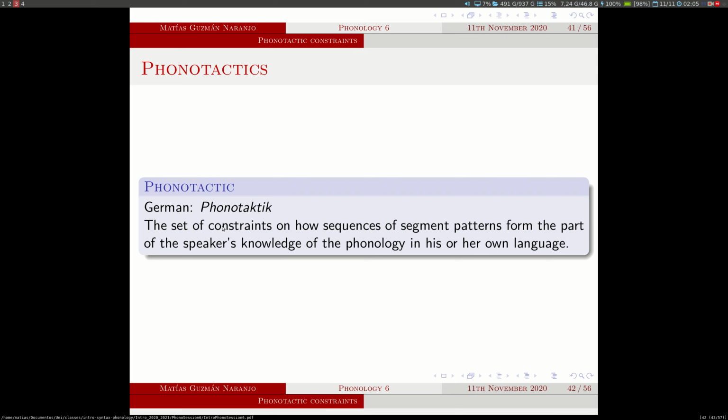So another important concept regarding syllables and words is phonotactics, and phonotactics is the study of how sounds are organized in a linear order. So not all sounds can happen after other sounds.